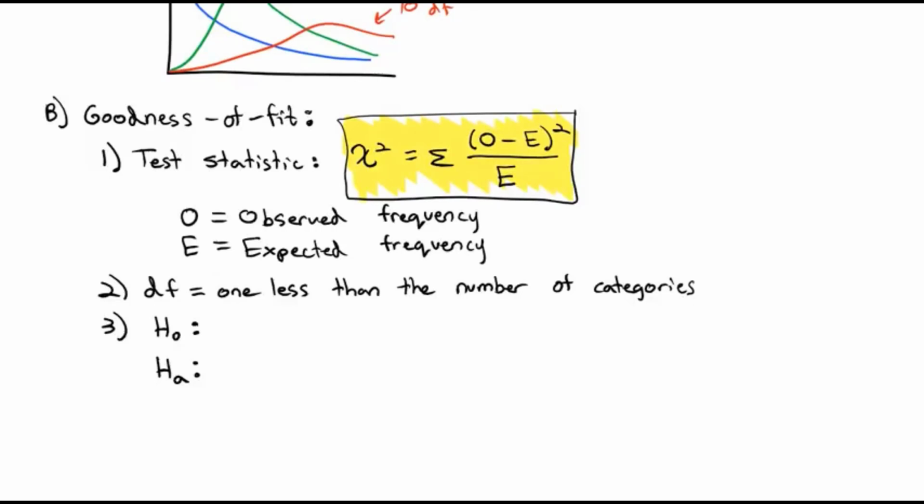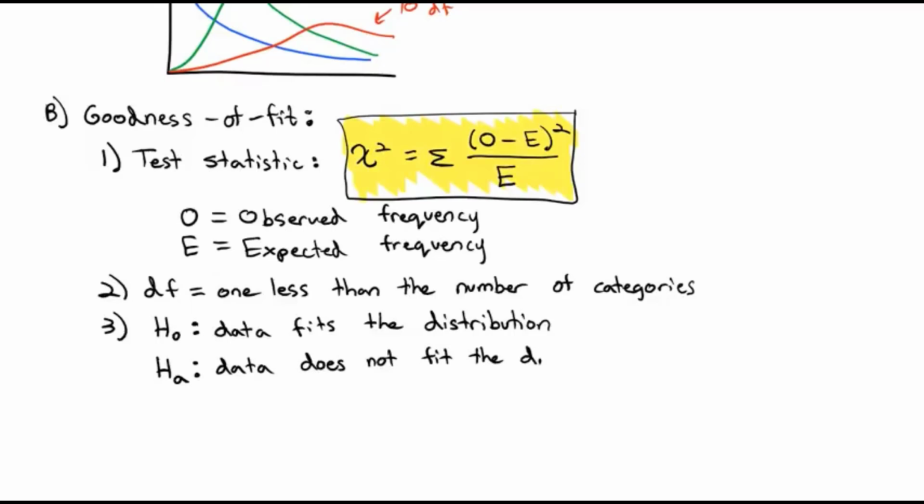So in words, the null hypothesis is that the data fits the distribution. The alternate hypothesis is that it's not equal to the distribution, or that the data does not fit the distribution.